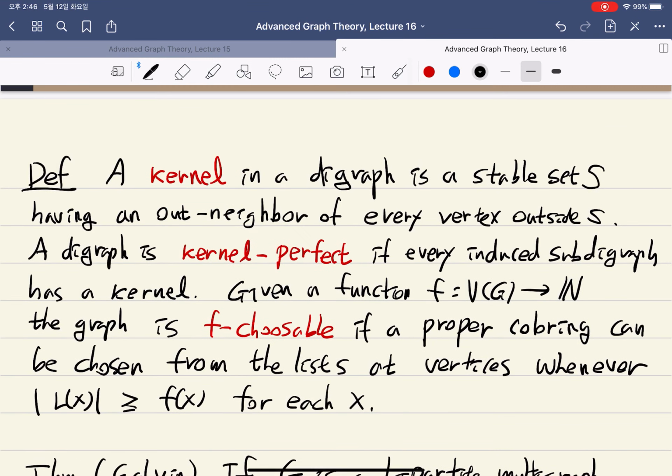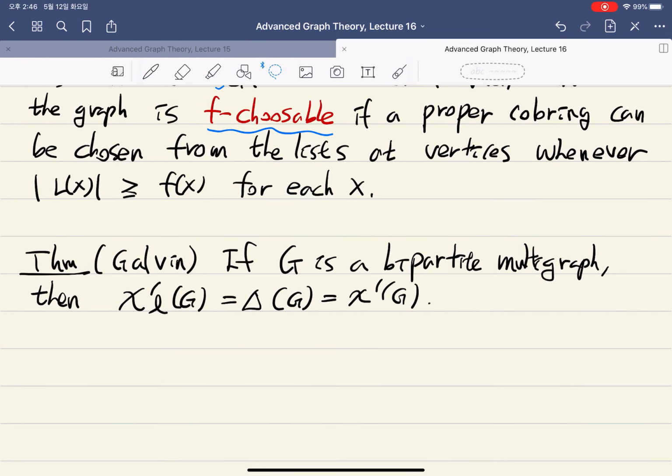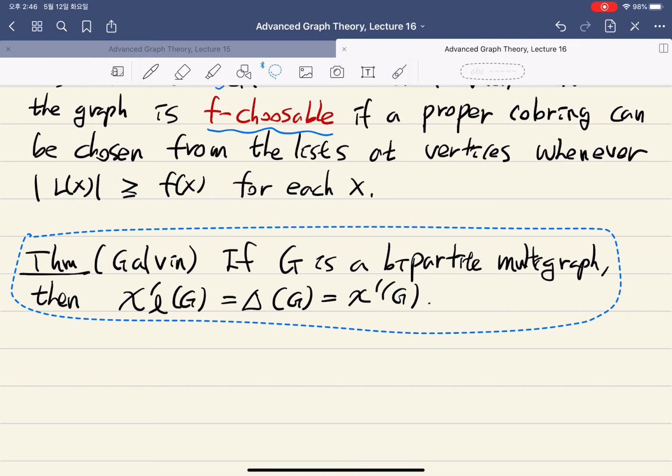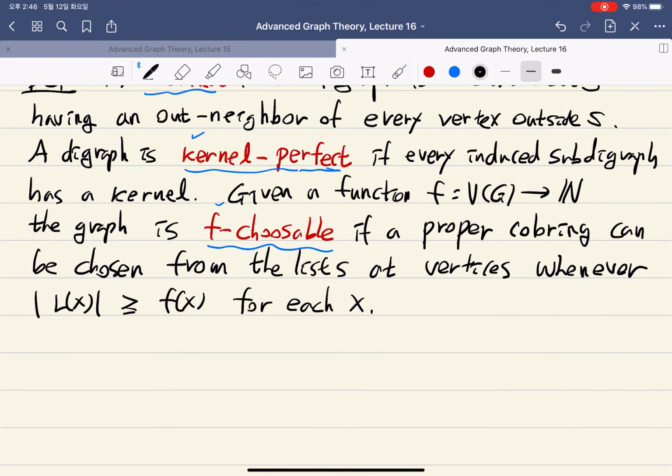For that, we introduce these concepts. So what's the motivation for this concept? Let's briefly discuss the motivation first. This F choosability is more general than just K choosability.